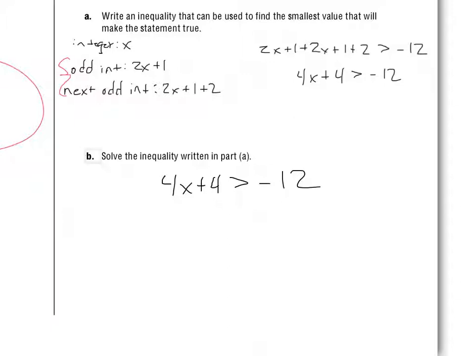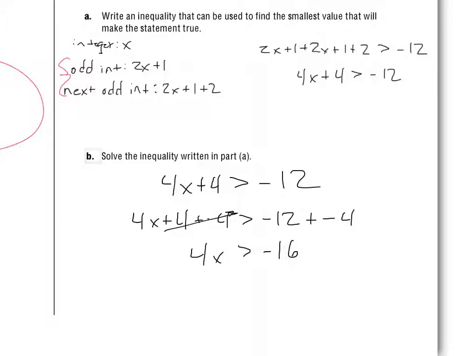So looking at this, we have 4x plus 4 plus negative 4 is greater than negative 12 plus negative 4. That adds up to 0, leaving me with 4x is greater than negative 16. Now I want to think about that operation really quickly. I added negative 4 to both sides. If I add negative 4 to both sides, does that preserve the inequality or reverse the inequality?